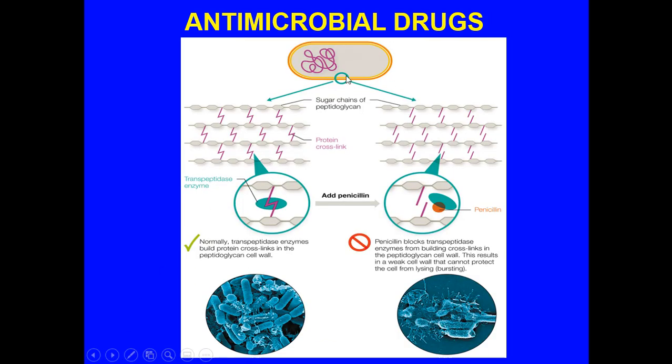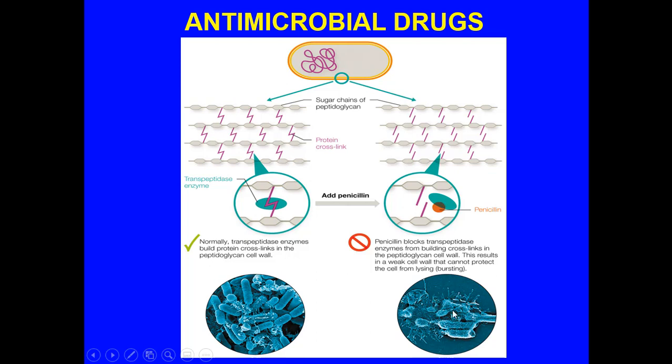Here you see the sugar chains and the peptidoglycan and the protein crosslinks. What happens with the transpeptidase enzyme that's supposed to make these linkages? Penicillin blocks it.